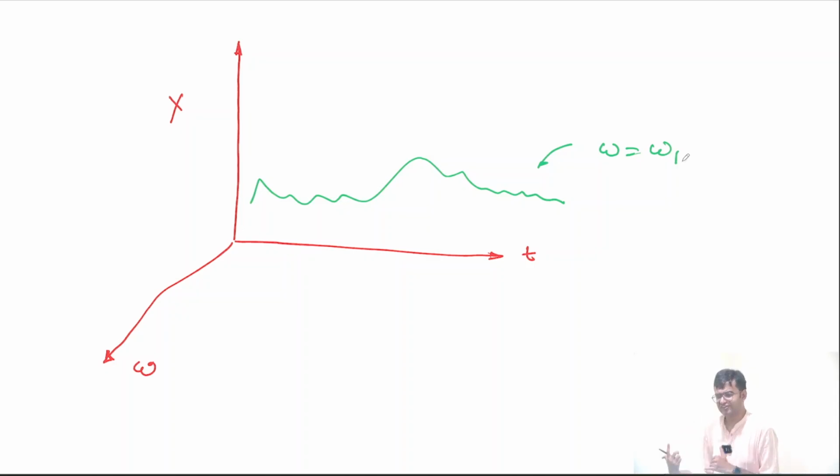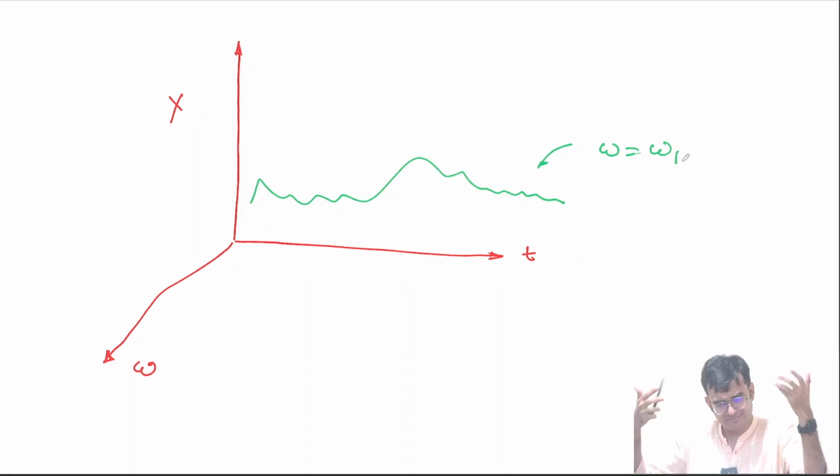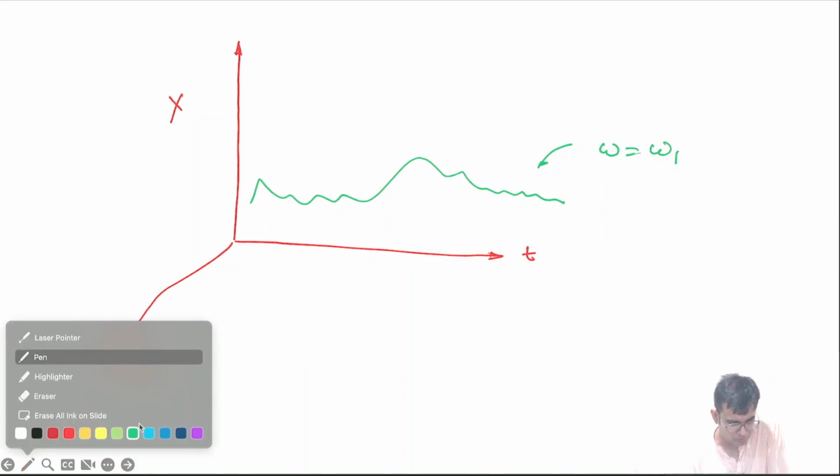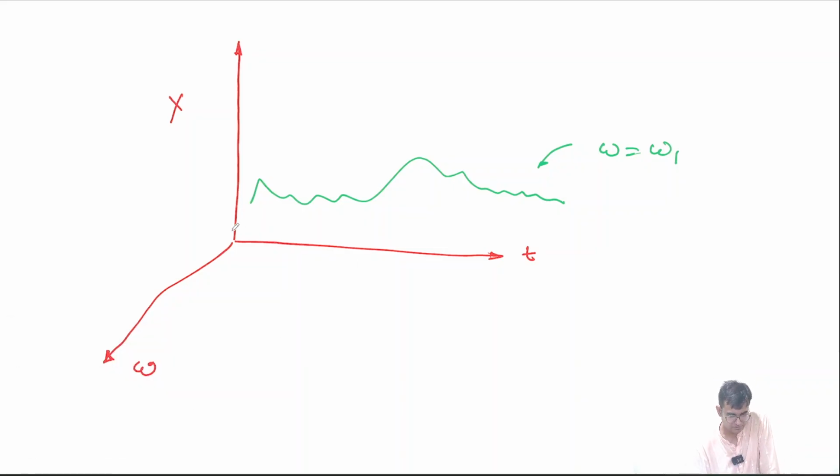If I draw a second sample, how will it look like? Some other behavior. And if I keep on drawing samples, I will go in this omega direction.